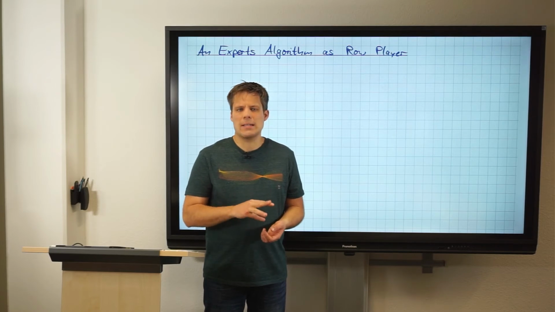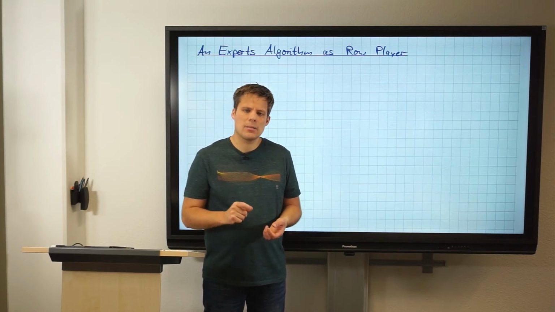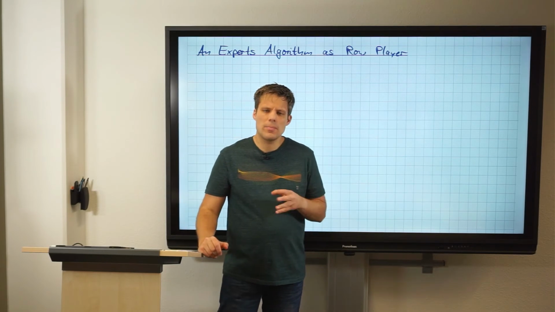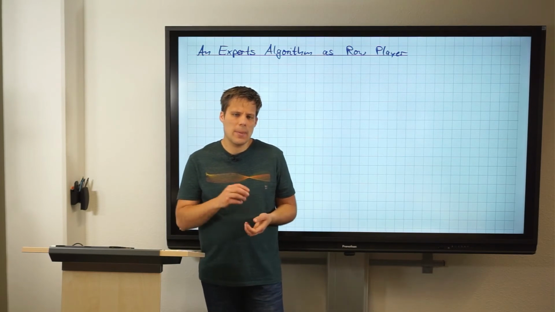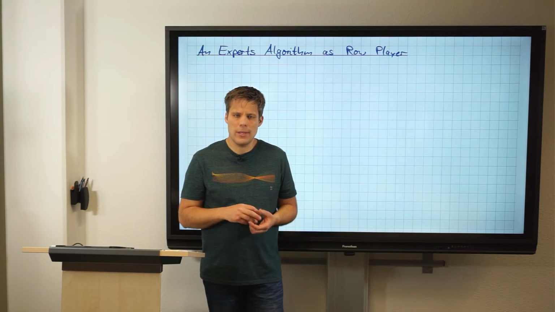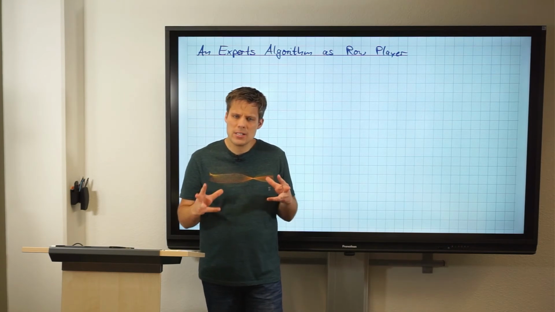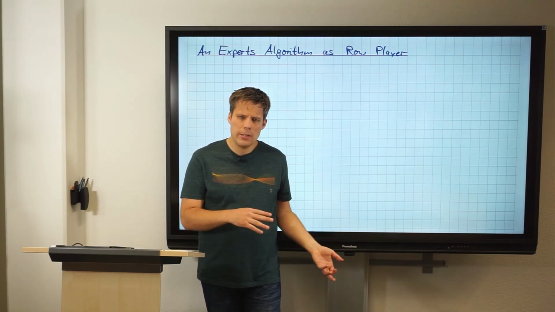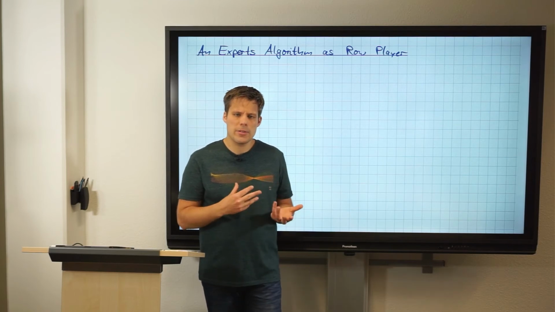was moving second, and could make the choice depending on the column player. Of course, there's nothing particular about the row player being the one for which we designed the strategy.